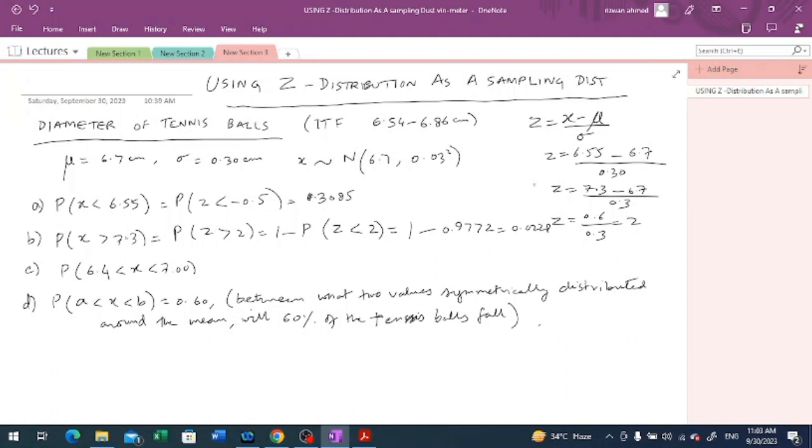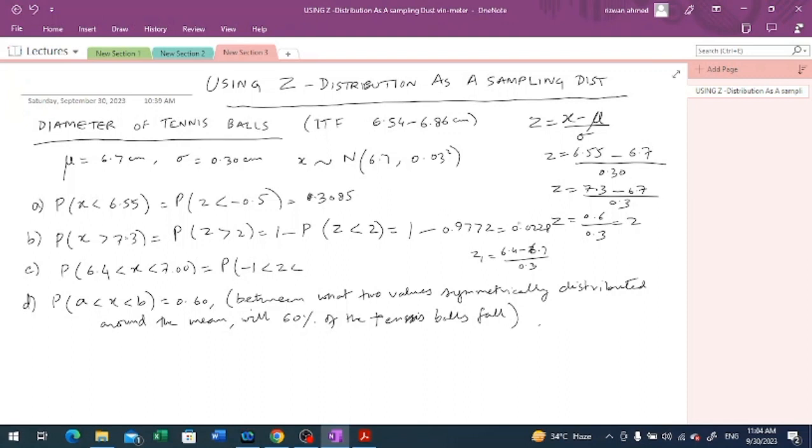Now, moving to the next part, we will first transform z1 equals 6.4 minus 6.7 divided by 0.3, which gives us minus 1. You can check with the help of a calculator.